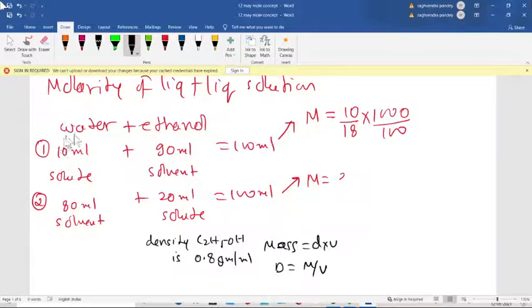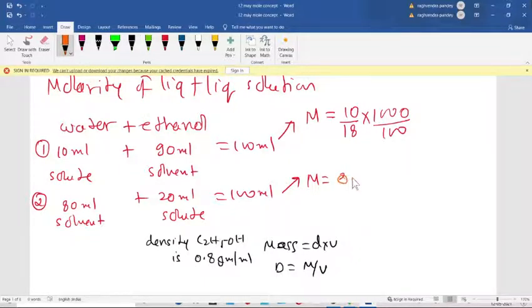Whatever is the ml in water, you can put it as the weight, because density is 1 for water. If the density is greater than 1 or lesser than 1, then you have to take density into consideration, because mass is density into volume. So whatever is the density, that is your 0.8.